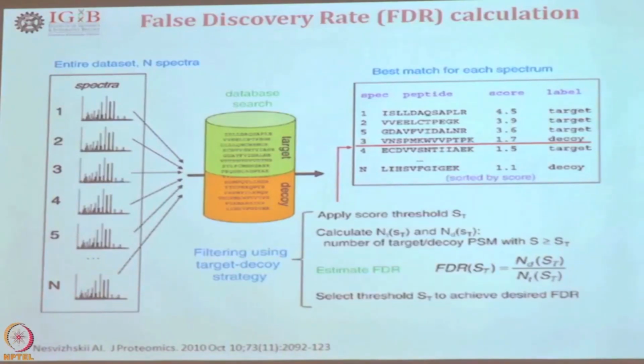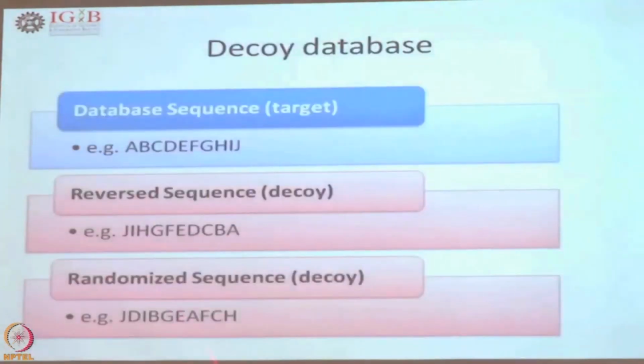But the next challenge would be to identify the protein-level FDR. We will see. Now, the decoy database, as I told, is a reverse or randomized sequence alteration of the original sequence, so that we keep the amino acid composition intact and all other properties of the protein, while shuffling the amino acids.